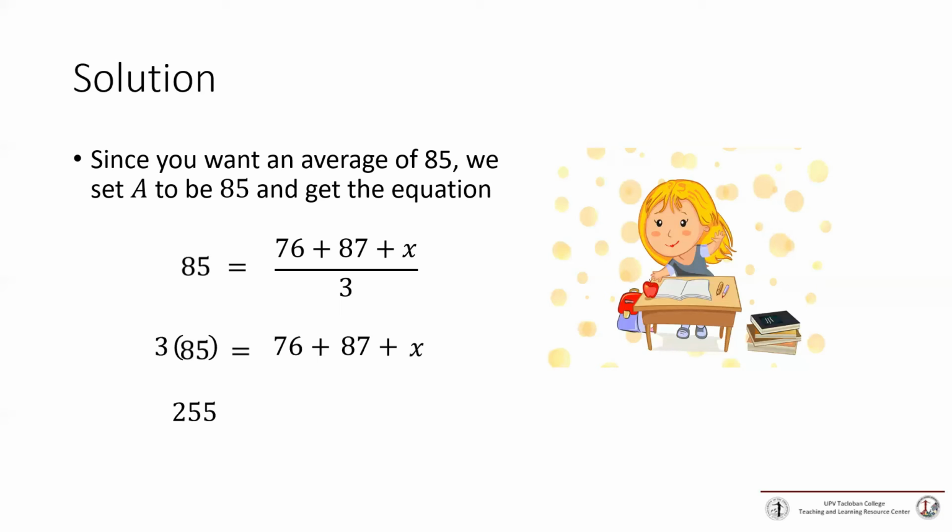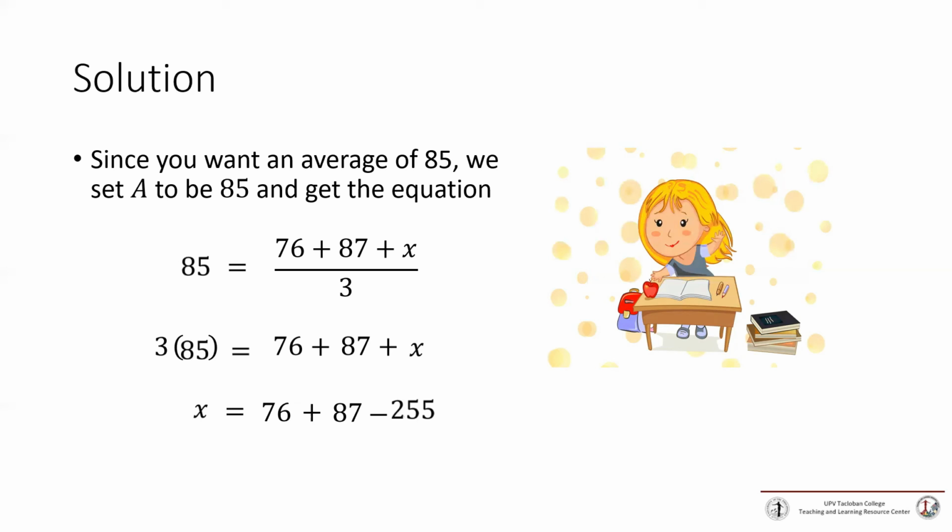Then you simplify. 3 times 85 is 255, which is equal to 76 plus 87 plus X. And then you solve for X. The 255 is transferred to the right side, but actually what we are doing here is subtracting 255 from both sides.